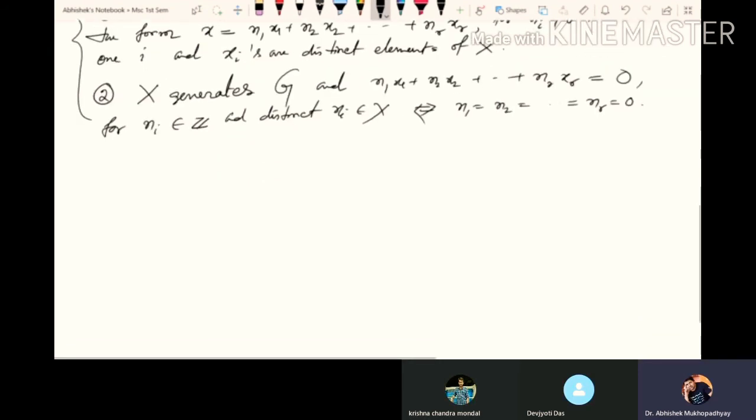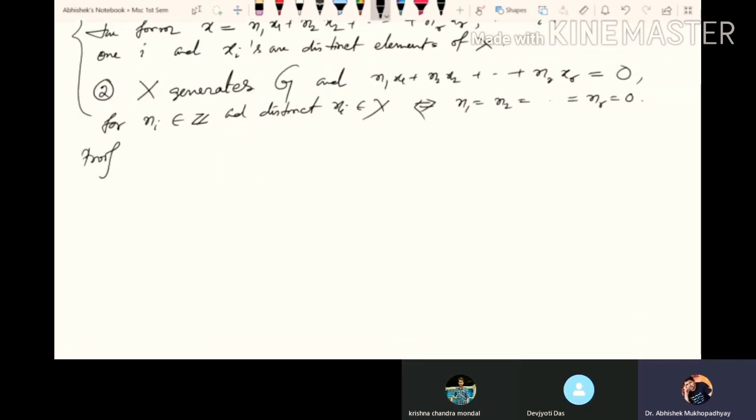And the proof is very simple. So let us first consider the case when 1 implies 2. Now we have assumed that G is a non-zero abelian group, that is, G not equal to 0.